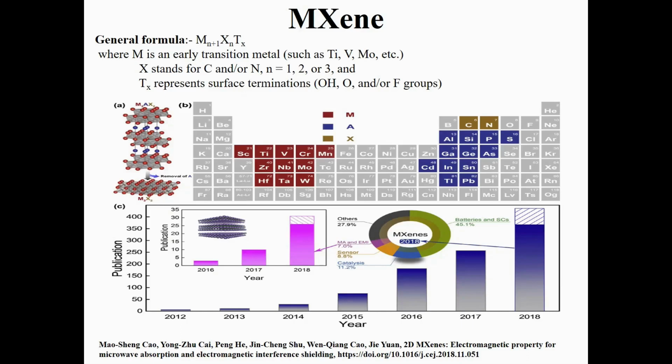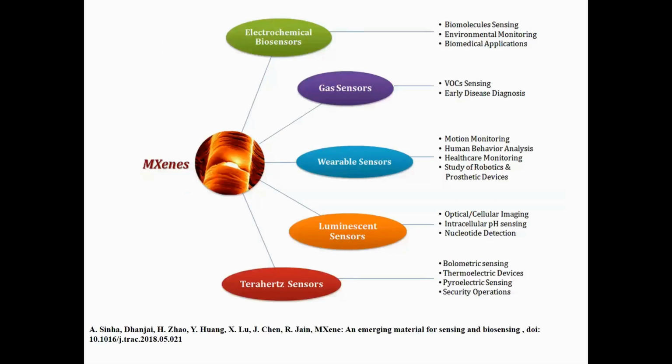In our case, we are using titanium carbide Ti3C2TX, where TX represents the surface termination groups, which are O, OH, and F. MXene is a 2D structure which is very porous, with high surface area, and because of the surface termination groups, it interacts with gaseous molecules, so MXene is ideal for gas sensing. MXene is a new area in this 2D world, and it is used for applications like electrochemical, gas sensing, terahertz sensors, etc.